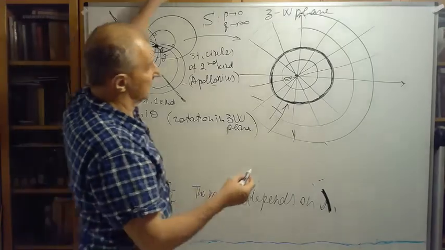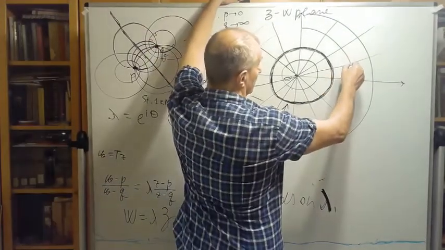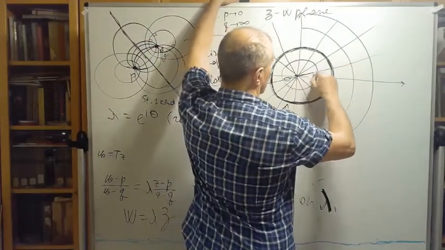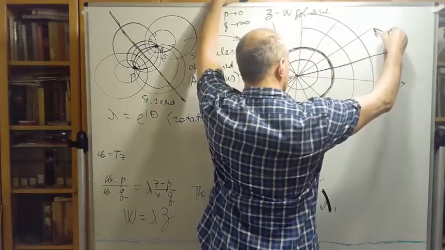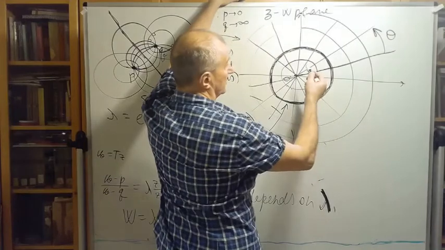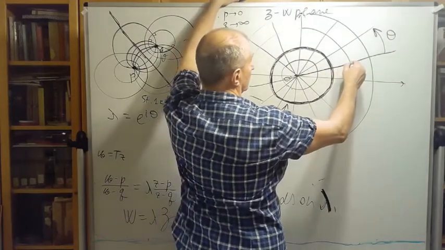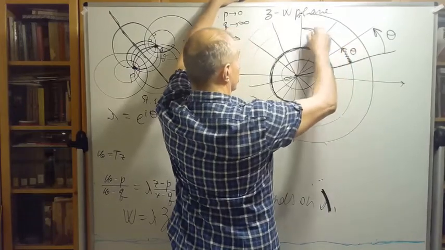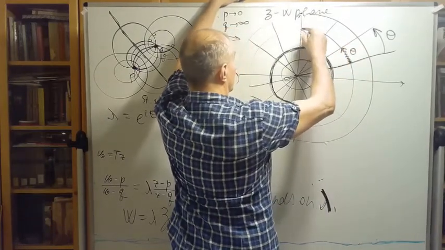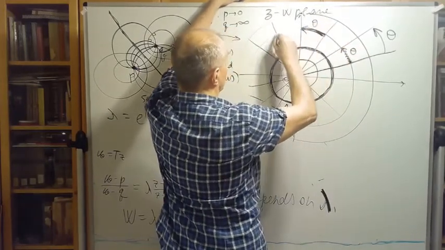What happens in this case? We rotate these lines of the first kind, we rotate them through some angle theta. Suppose this is angle theta, depending on what lambda is. This is angle theta, yes? This is angle theta.